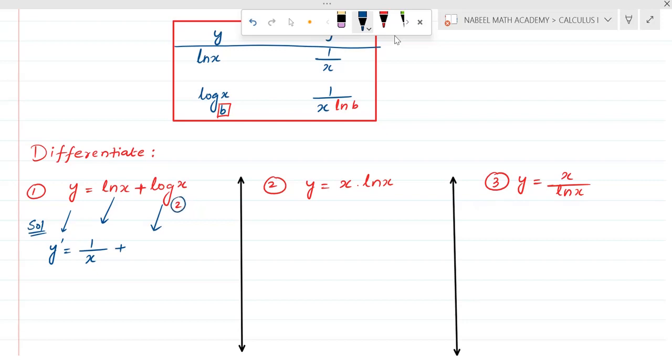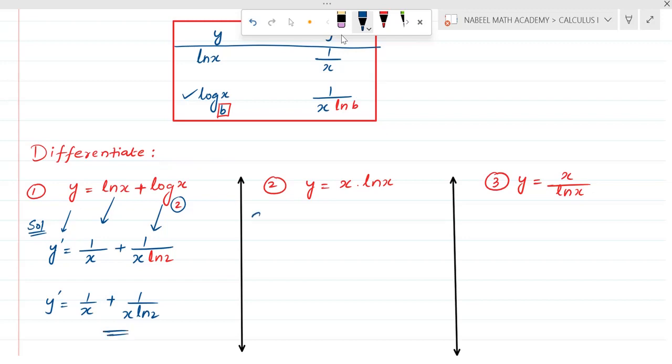Since it is base 2, you have to use this formula: 1 over x ln 2. This is the direct rule. So I write it here: 1 over x plus 1 over x ln 2. This is the final answer.